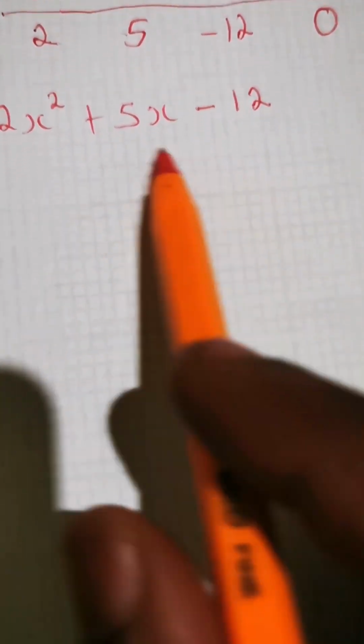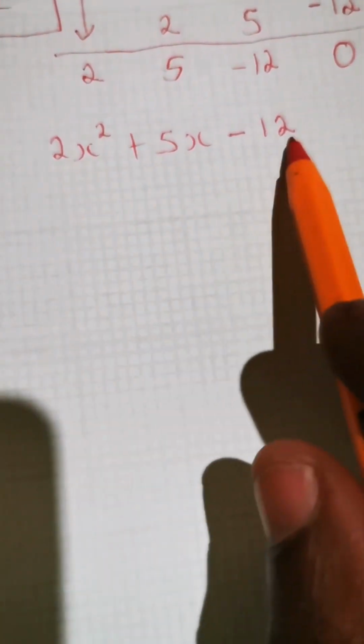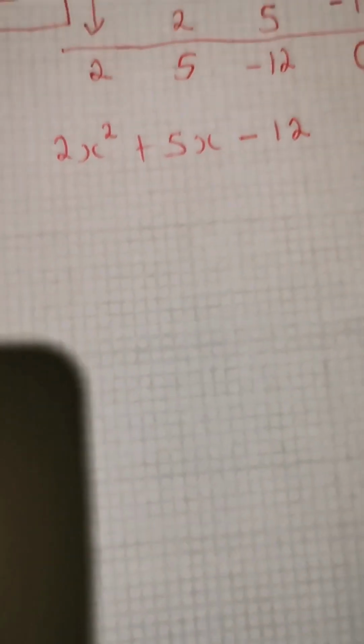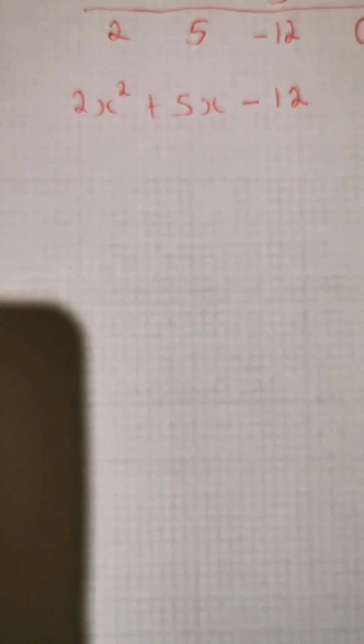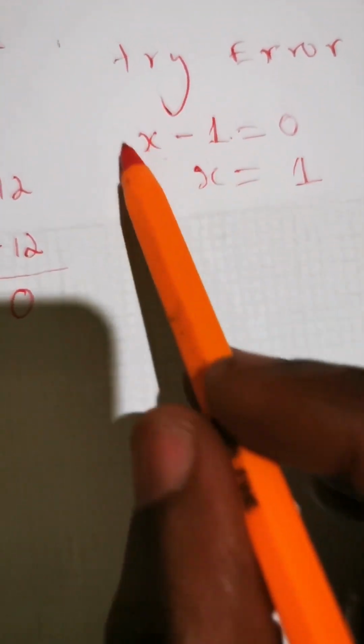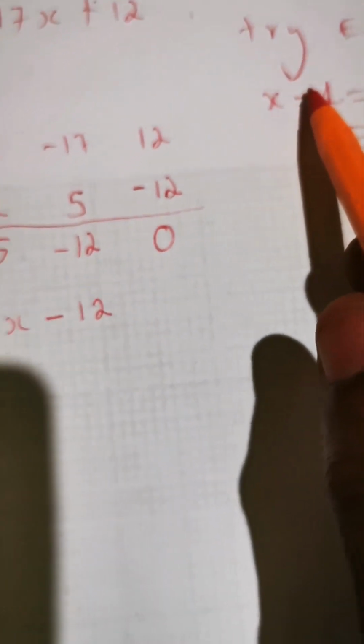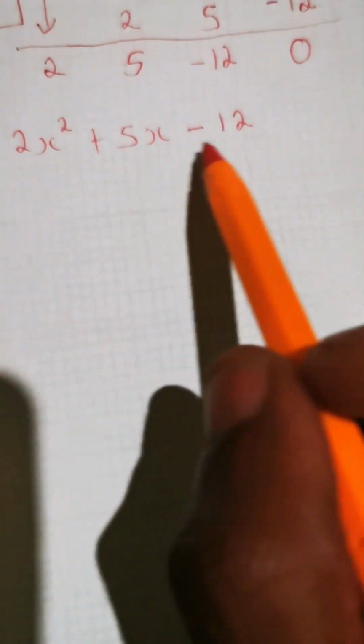Now when you reach here, you're going to factorize using product, sum, and factors. But don't forget this one that we had found, x minus 1. When you're factorizing, you're going to put it in the final answer.